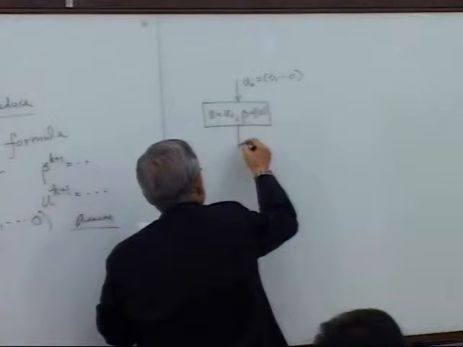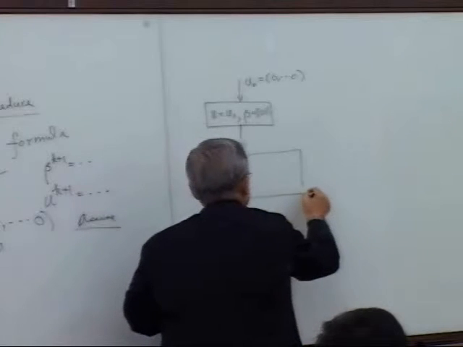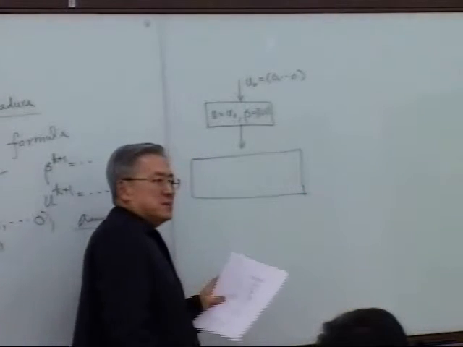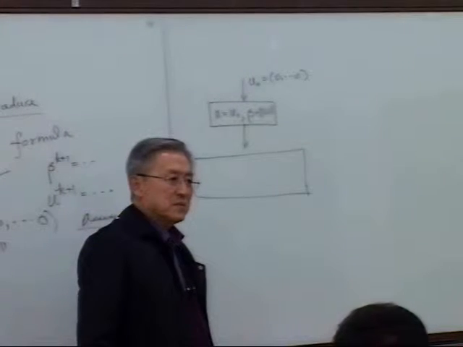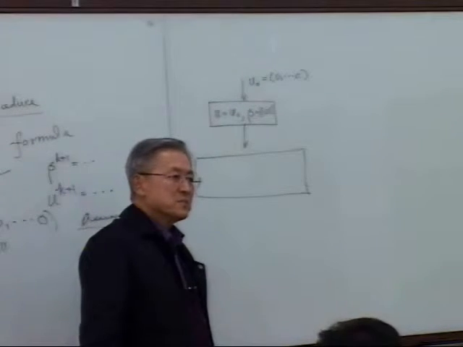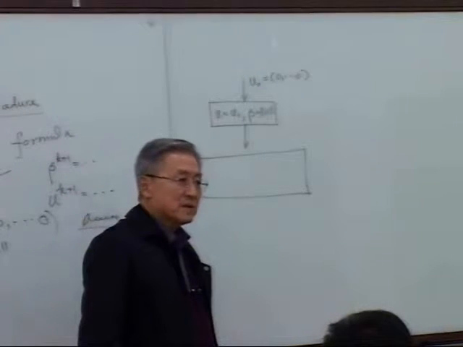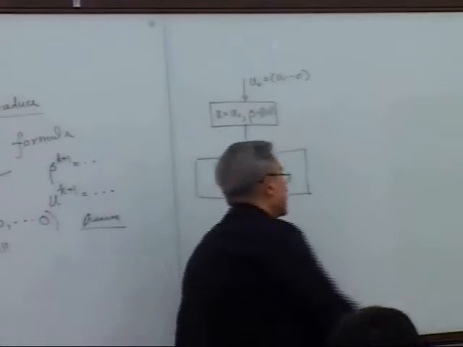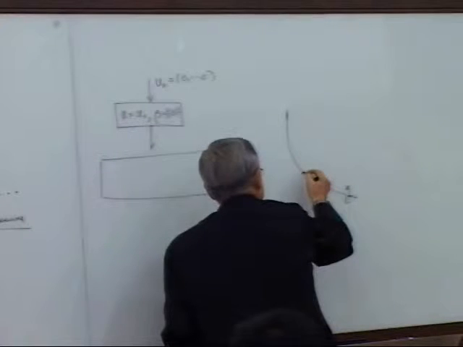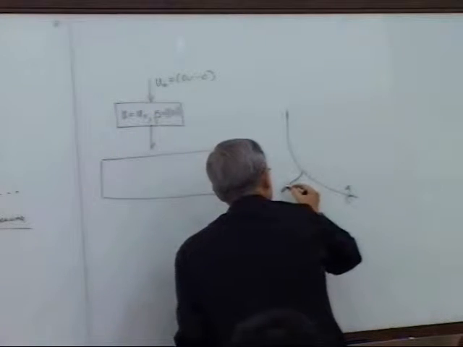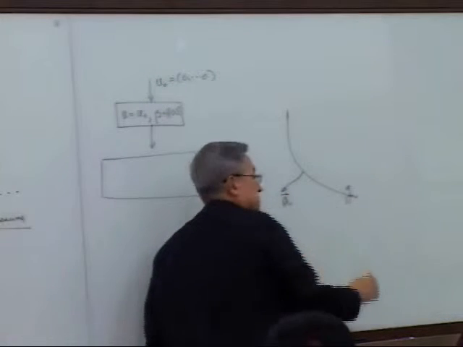Then after that, you compute the a. What does a mean? A is a unit vector. This is the g function's unit vector pointing in the outward direction, which is a vector.